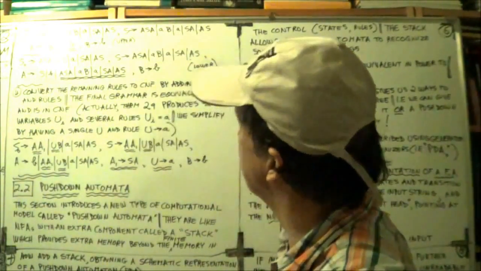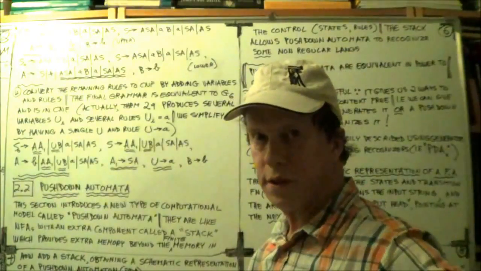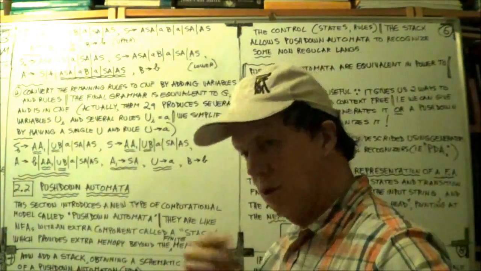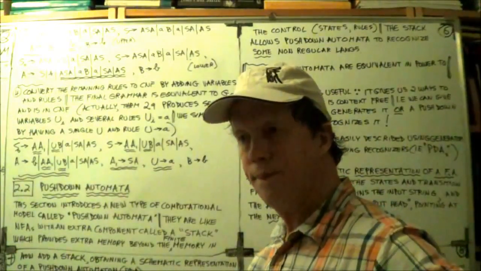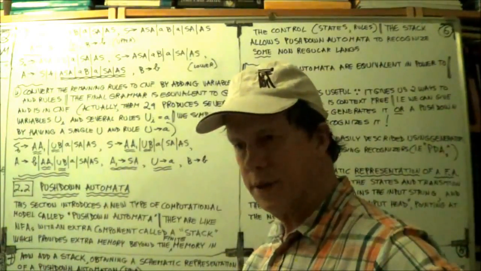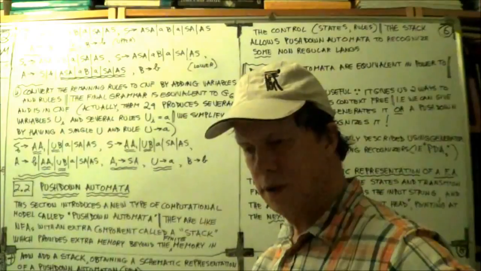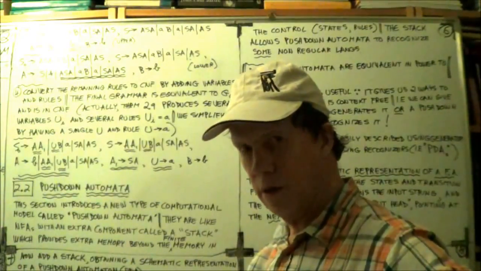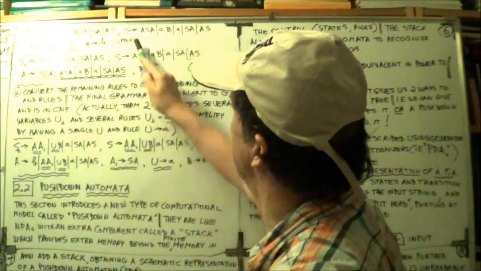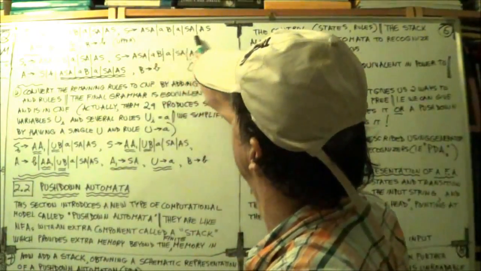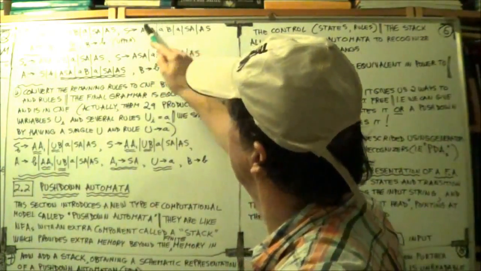Now, A arrow S, that's the 4th one. You eliminate that rule, A arrow S, because it's not in CNF. Then you go looking for S on the left-hand side of your other rules. Here it is, S arrow all this stuff.